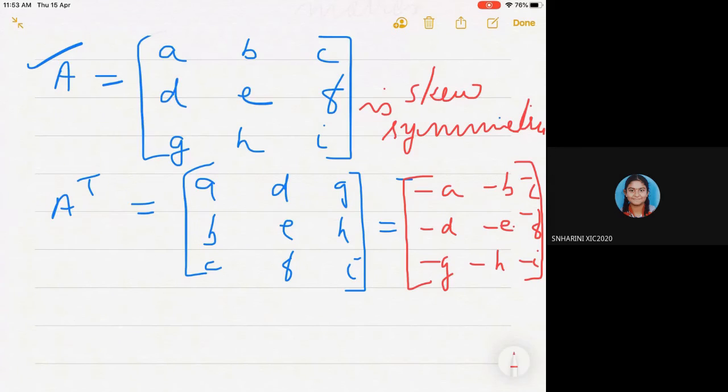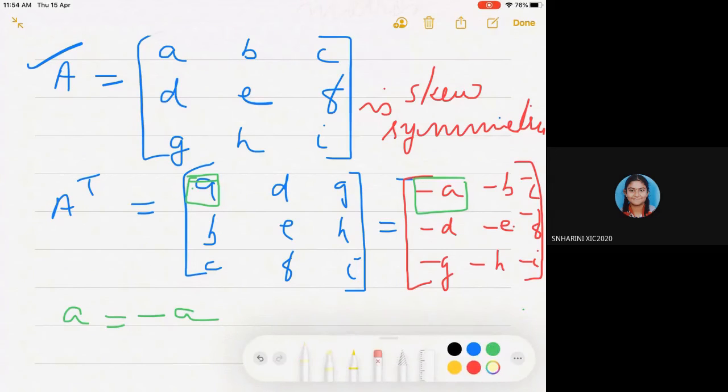When two matrices are equal, the corresponding elements are the same. The corresponding element of A here is: A equals minus A.